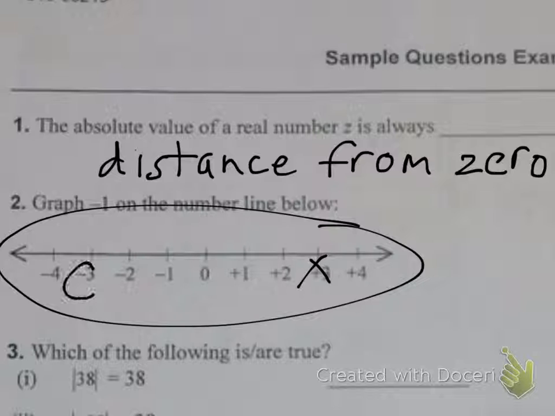Same way, the negative 3 is also 3 hops from 0. It's still a negative, and it's in a negative direction, but it takes the same amount of time to move from one to the other. From 0 to negative 3 or 0 to 3 is the same amount of spaces, which is 3. So once again, absolute value is simply how far it is from 0.